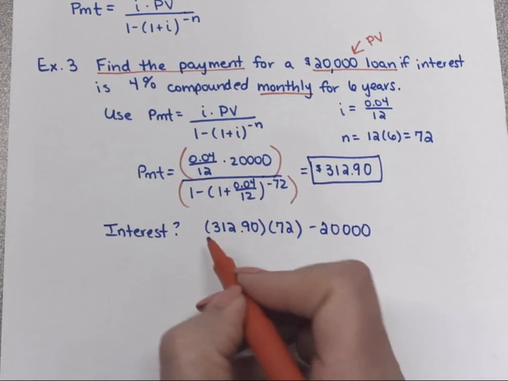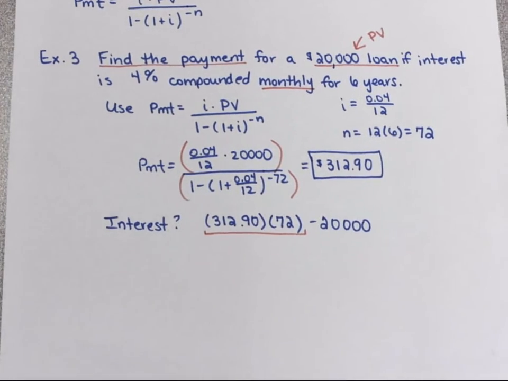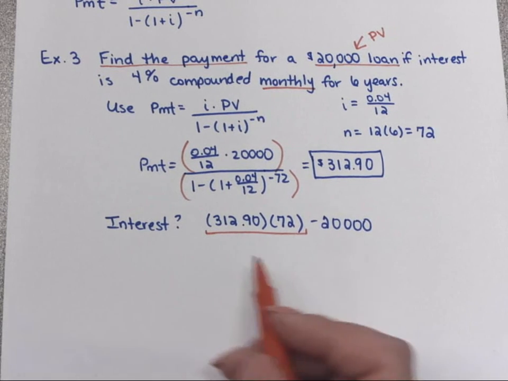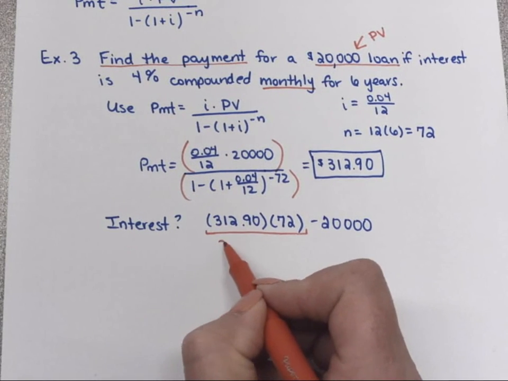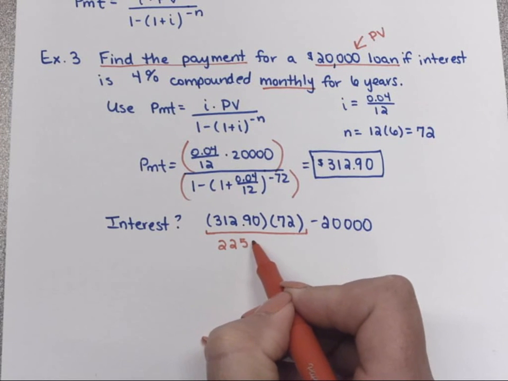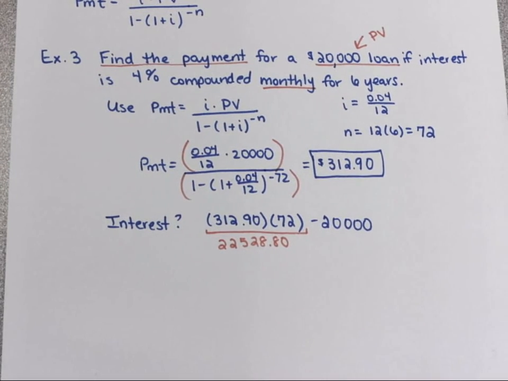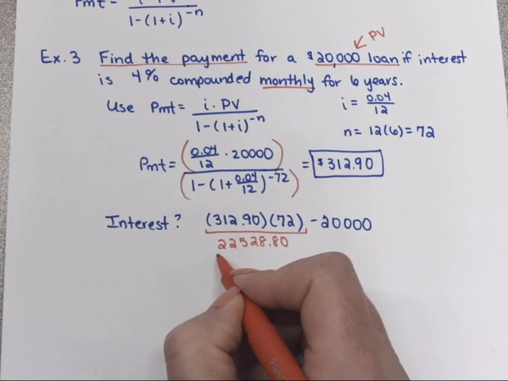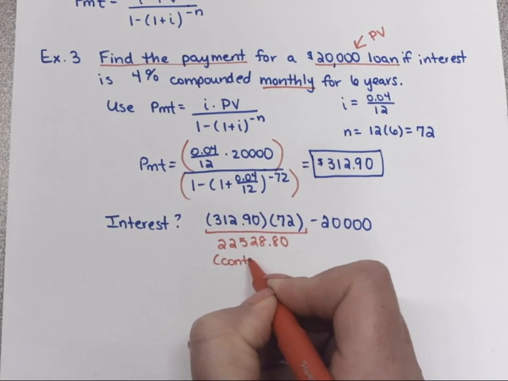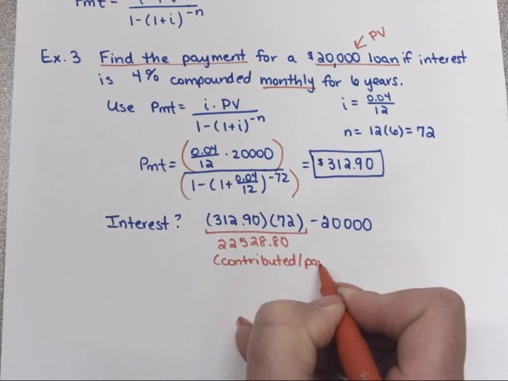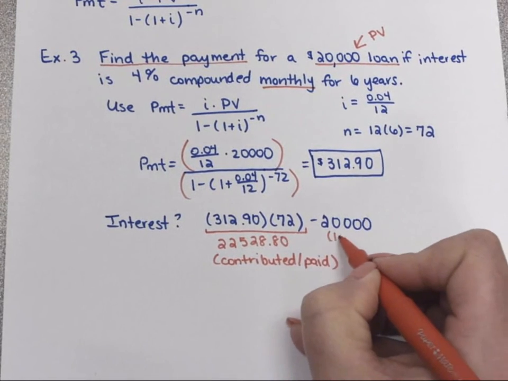Okay, so somebody work this out for me, the $312.90 times 72, and tell me what you get. You're saying the difference, but I wanted this amount. So you mean it's 22,080? Okay. So notice this is the amount that we contributed, or paid. And this is the loan amount.